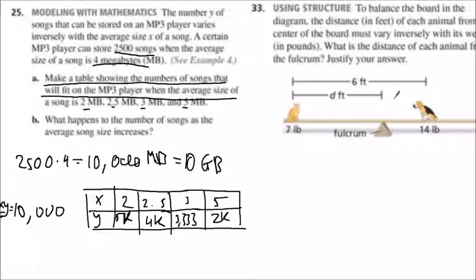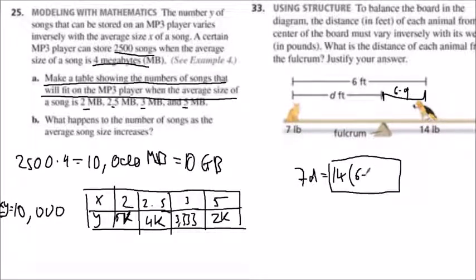So since they vary inversely, we can multiply these two, and that's equal to the other weight that's being pushed on. Because it's the other weight, we have to also calculate this one. So this multiplied by this, what's this section? This section is 6 minus d.